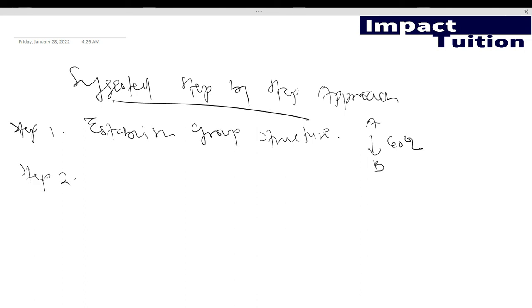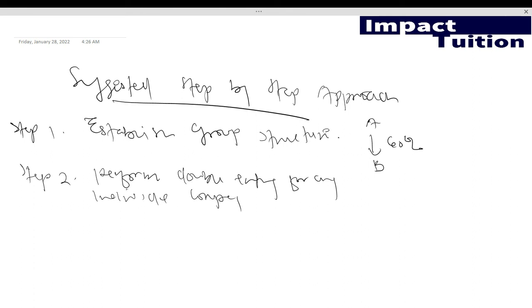Step 2. Perform double entry to record any individual company adjustments that may be necessary. Step 3.